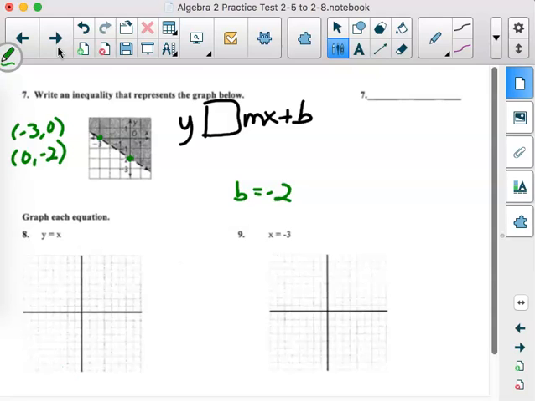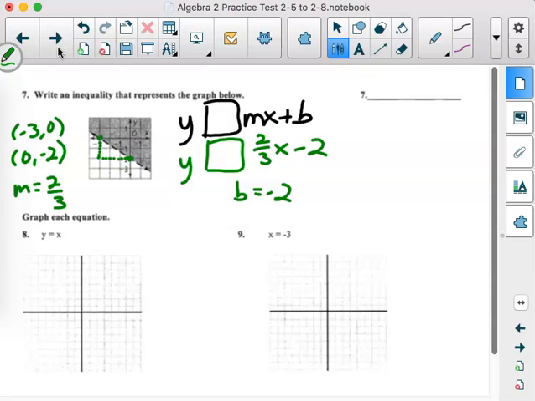But hopefully you're saying, I would have to go down 2 and right 3. Again, that's exactly what you would get, change in y over change in x. All done already. Great. Thank you. So we've got the slope and we've got b. y something 2/3 x minus 2.